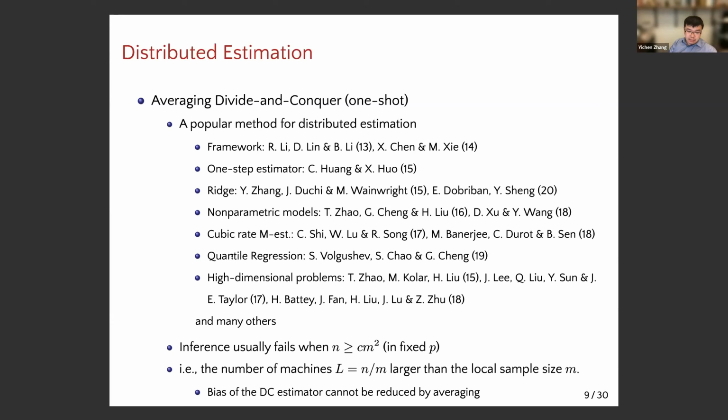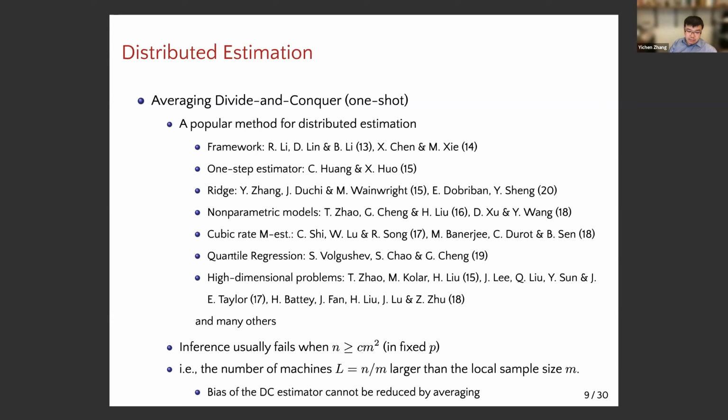It means that when the number of machines L is larger than the local sample size M, this estimator could generate a good estimator, but it's not good enough to allow us to use the same inference procedure as the empirical risk minimizer on the pooled data set. It's typically because the bias of the divide and conquer estimator cannot be reduced by the averaging.